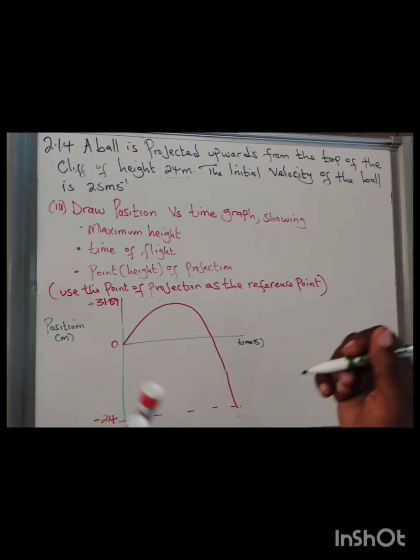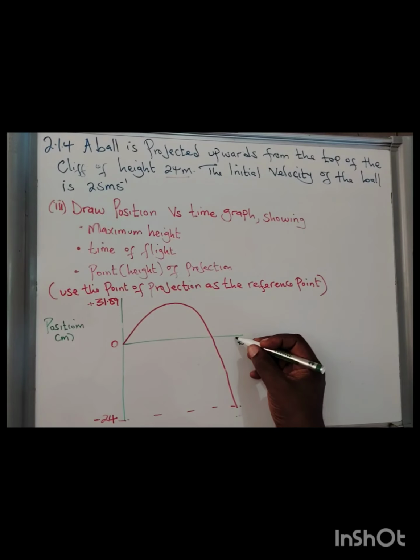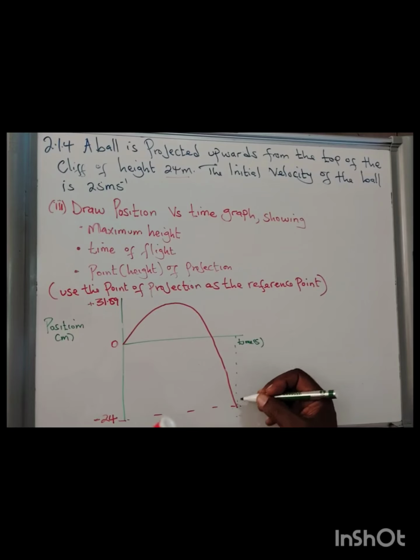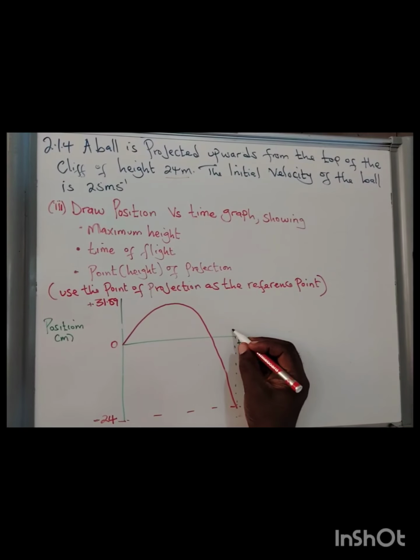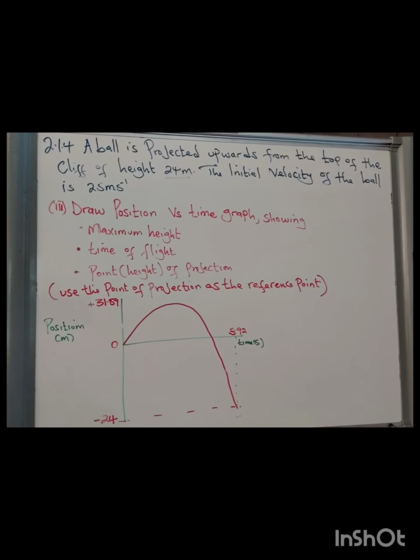Our time of flight, or the time for the entire movement, is this one, and we know it. It is 5.92 in seconds. So that is that. And what we have here is our position time graph.